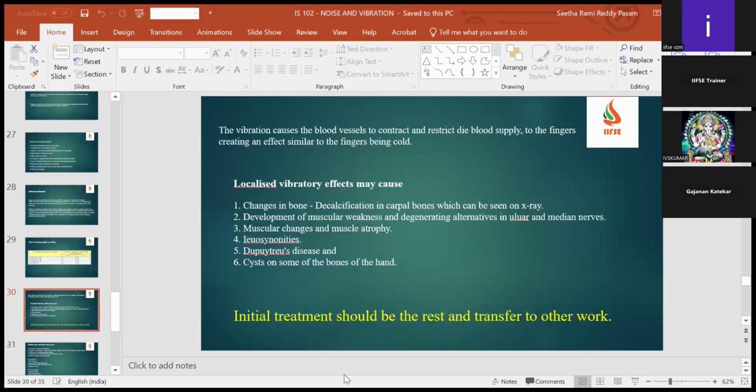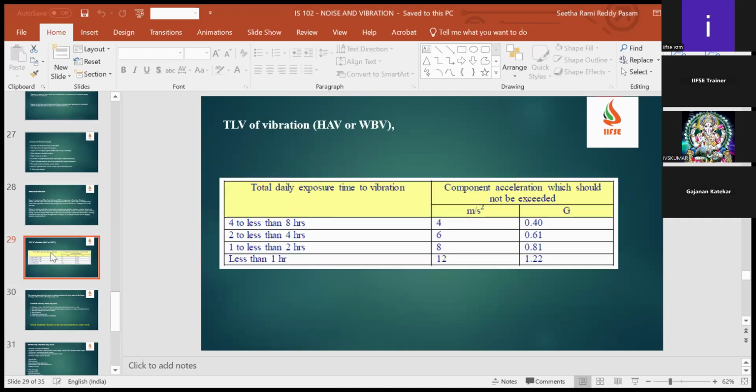No, Gajanan ji, the left side is acceleration, meters per second squared. But G, I think, is some constant value, maybe. No, it's not a constant actually. I'm not able to recall. It's not a constant, or some center of gravity sort of constant.